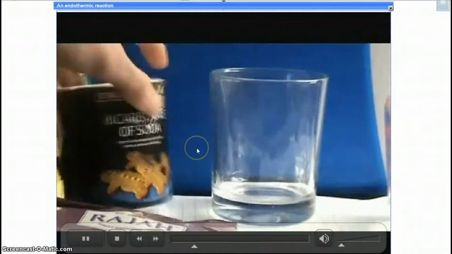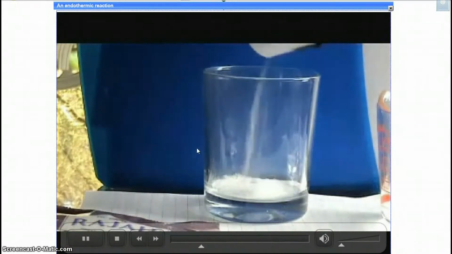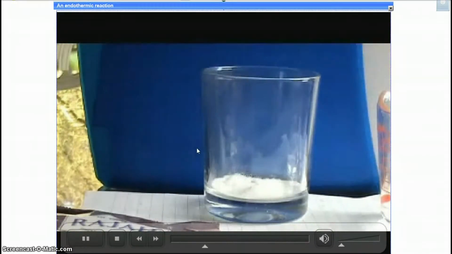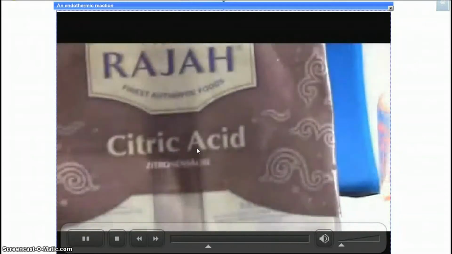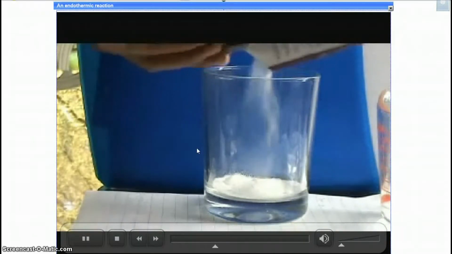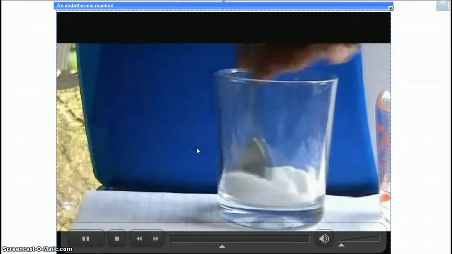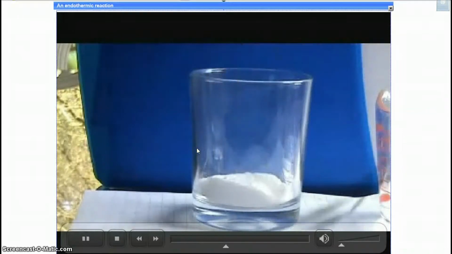It was above 1 degree Celsius. This is just baking soda and citric acid. Mix these two up. Add some water.